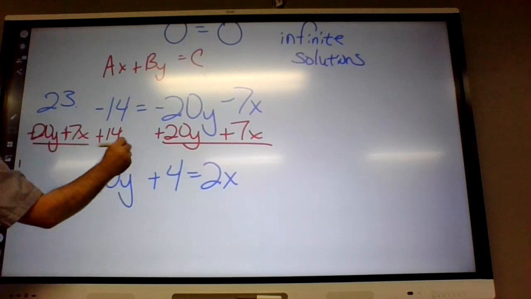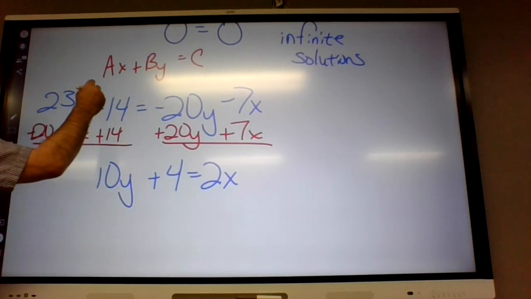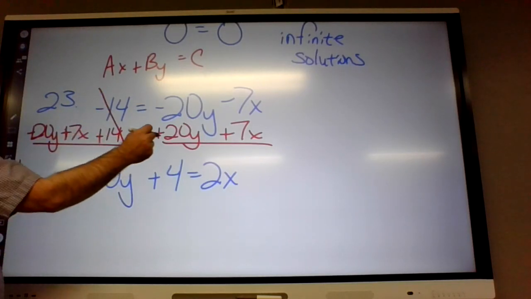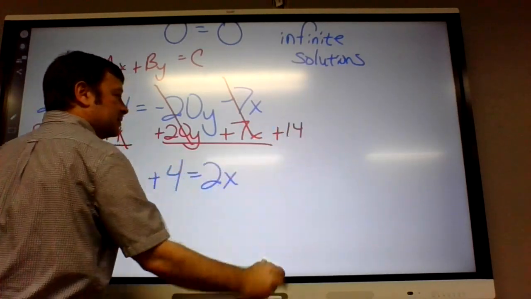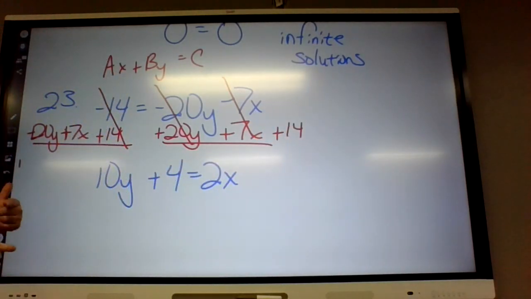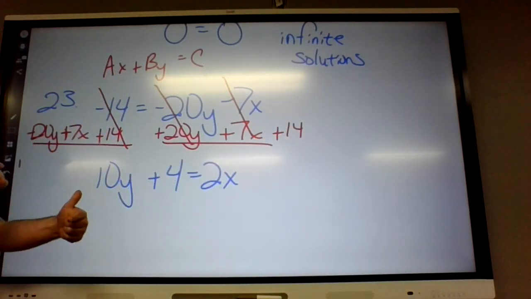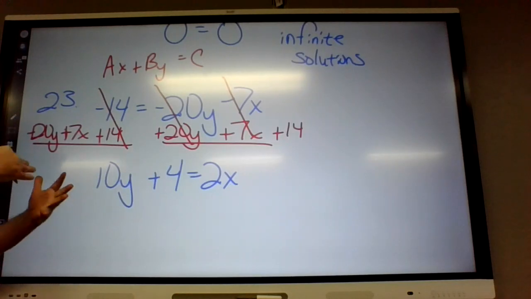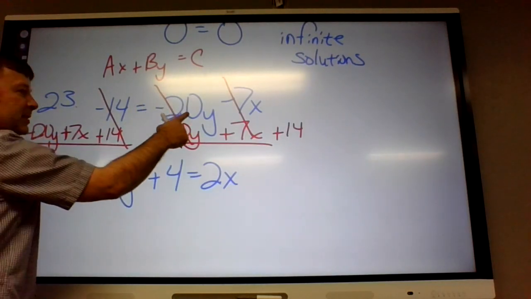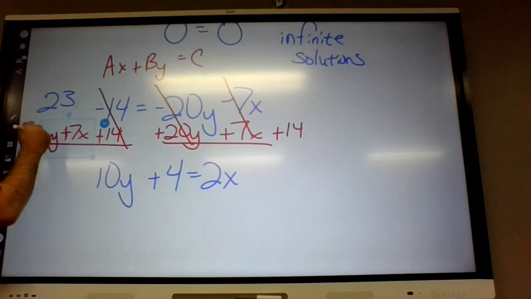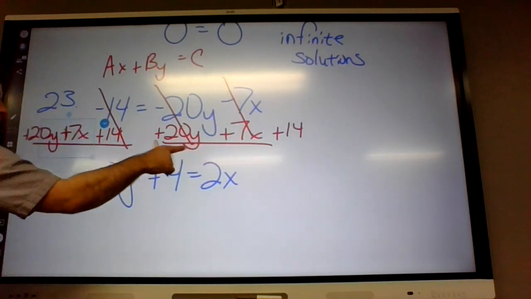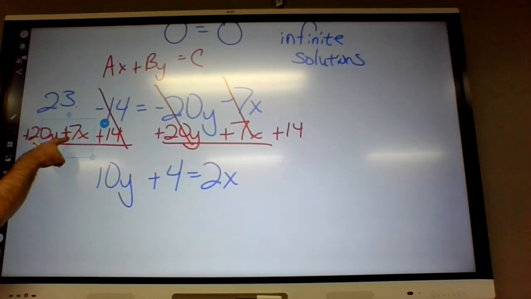All that happens is that goes away, that goes away, that goes away. Basically, when you switch stuff to the other side, it goes from negative 14 to positive 14, from negative 20y to positive 20y, and from negative 7x to positive 7x.